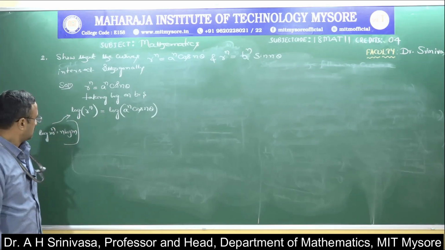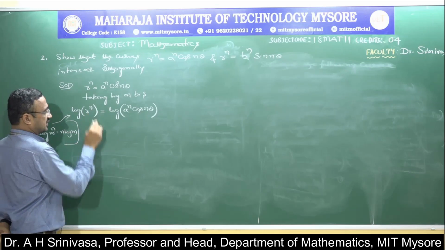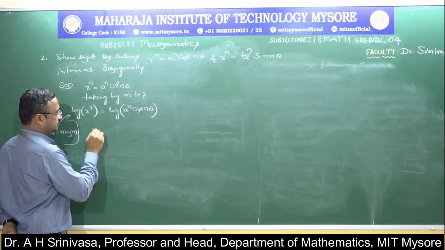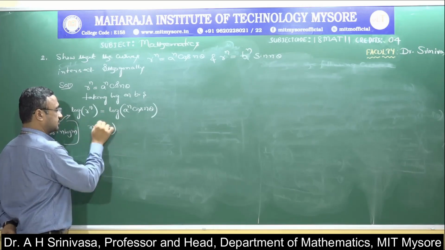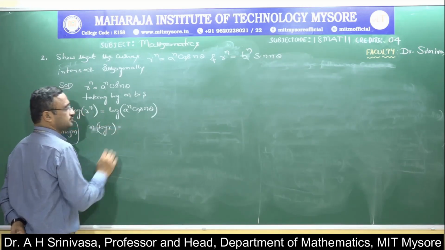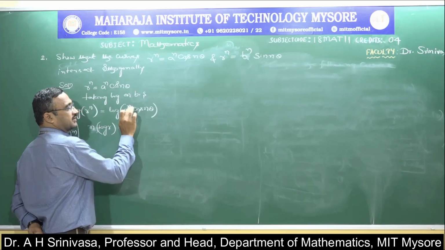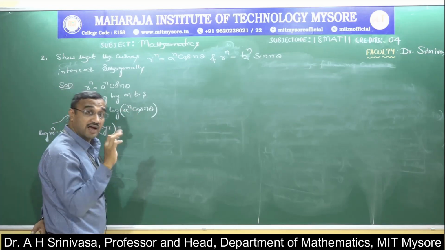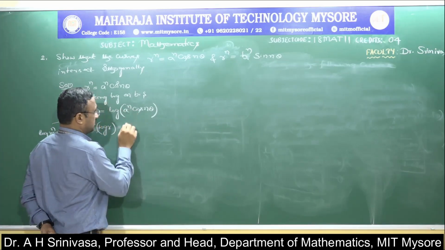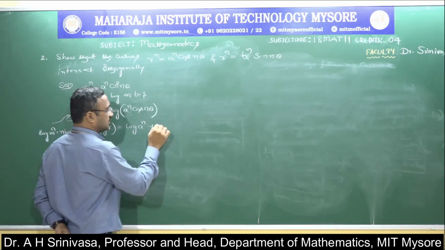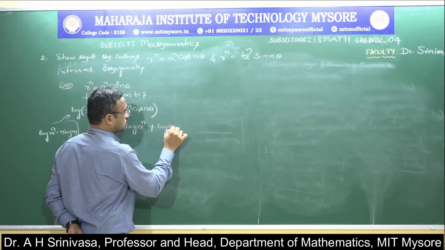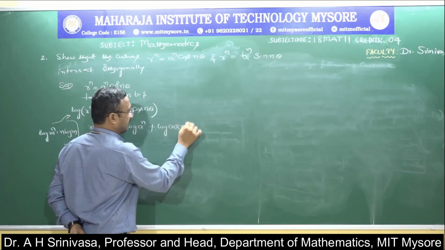Using this, we get n into log r should be equal to, now here you have to apply the first property, log m into n, log a power n plus logarithm of cos n theta.